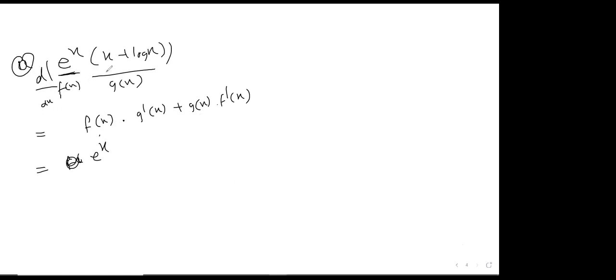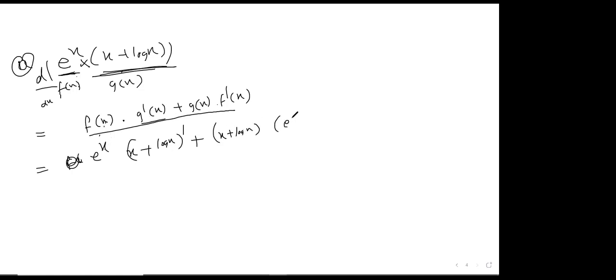Suppose this is the first function and this is the second function, right? Because they are multiplied, I can take f of x and then this is g of x. According to the formula, this will be the answer. Now just replace: e raised to the power x into (x plus log x) dash plus (x plus log x) into (e raised to the power x) dash.